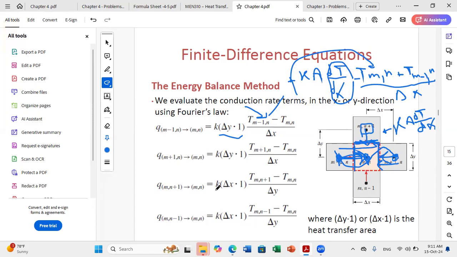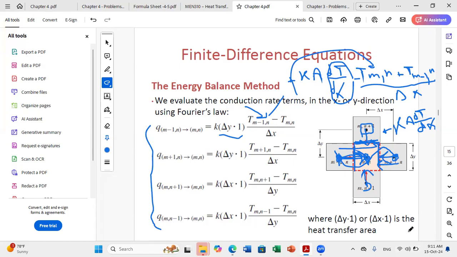So this flux is K delta x times 1 times T(m,n+1) minus T(m,n) over delta y. Finally, for this heat flux to be positive in this direction, this temperature should be larger than this one. So I do T(m,n-1) minus T(m,n) over delta y. So these are the expressions of my 4 conduction fluxes.